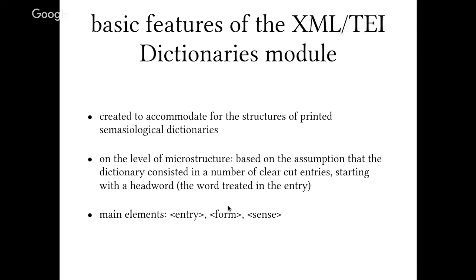The main elements are, of course, the entry, the form that is used to annotate the head word, and the sense, which is used to annotate various types of semasiological information related to the head word. Of course, there are also other top hierarchical elements. I will not cover them fully, but in the examples we will see more about this.